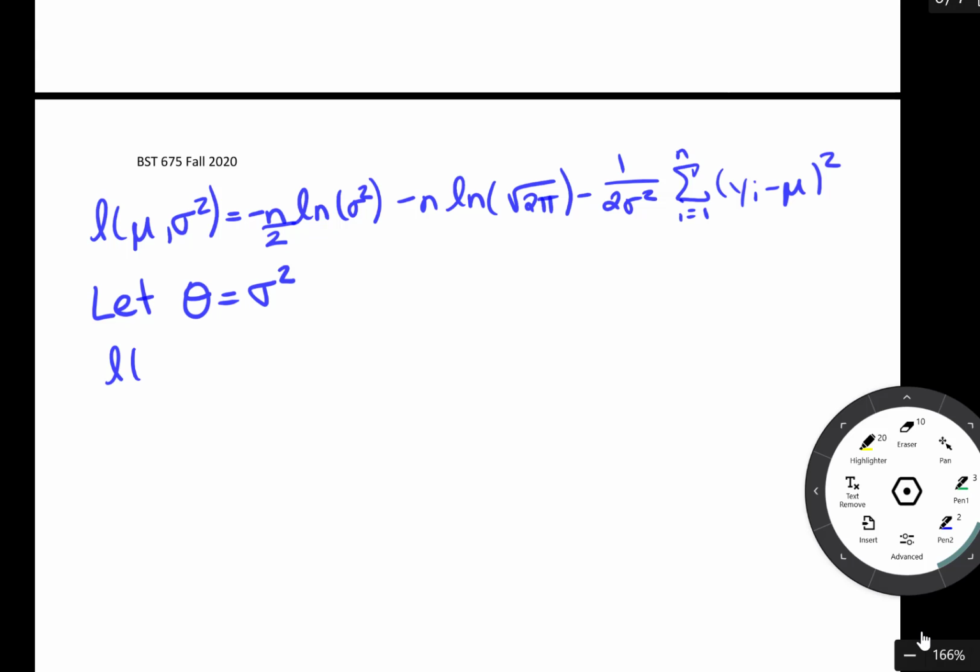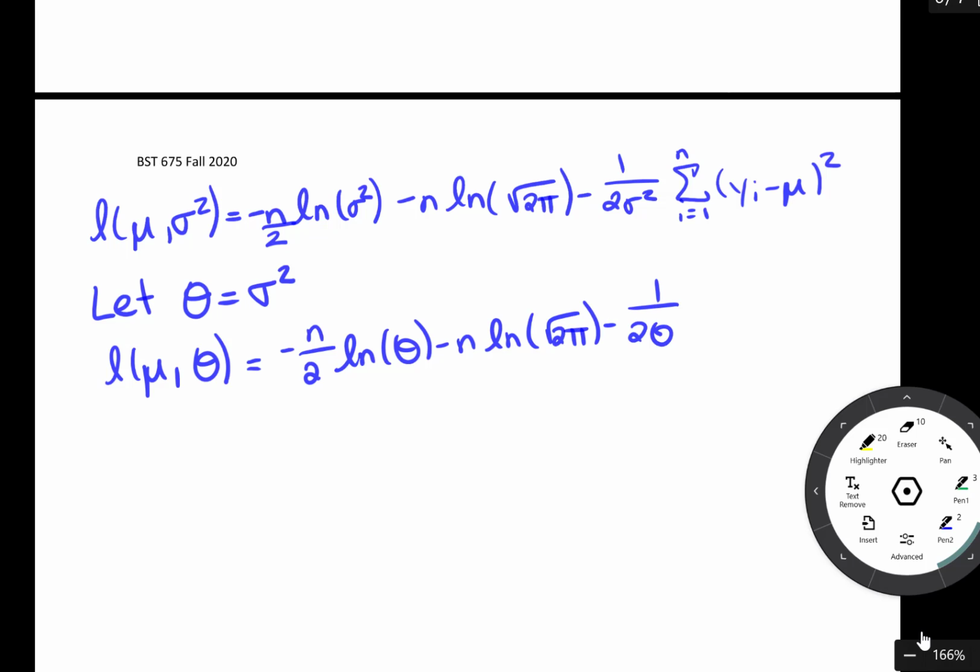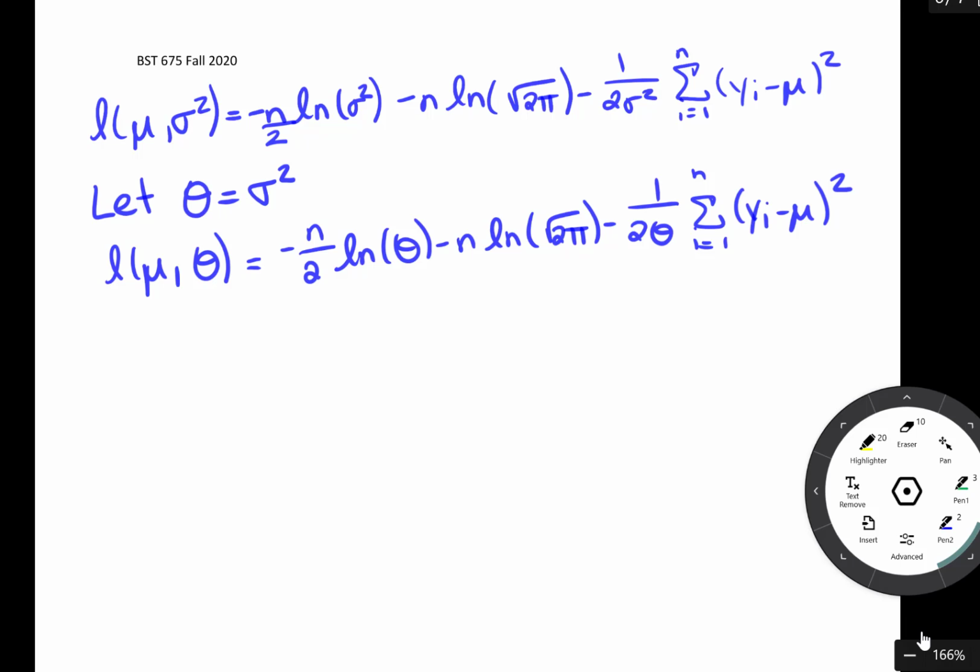So we've got the natural log with mu and theta. So here we're going to have negative n over 2 natural log of theta minus the natural log of the square root of 2 pi minus 1 over 2 theta times the sum i equals 1 to n of (y_i minus mu) squared. Alright, so now my next thing is I'm going to take the derivative.